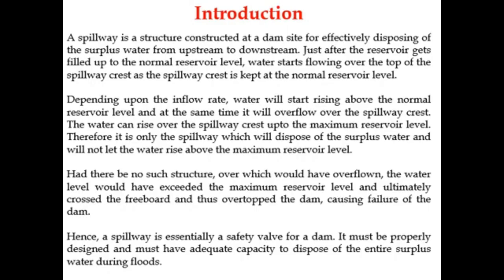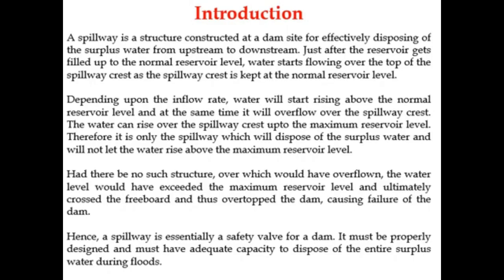Normal reservoir level is the level up to which the water rises under normal operating conditions. During floods, the water level crosses the normal reservoir level and reaches the maximum reservoir level. The difference between the maximum reservoir level and the normal reservoir level is known as the design head.